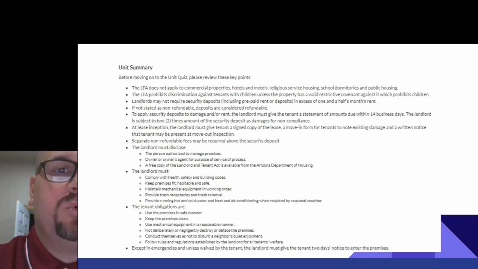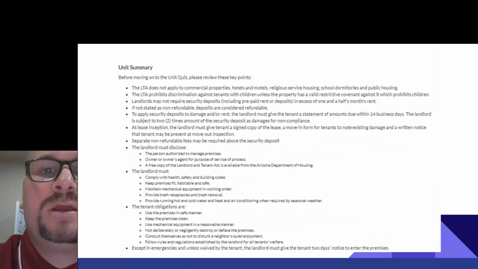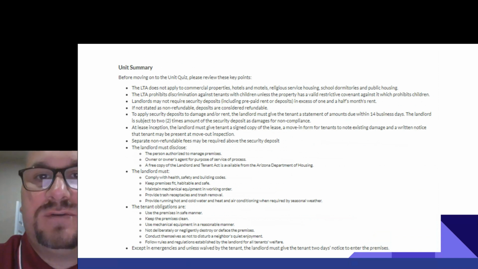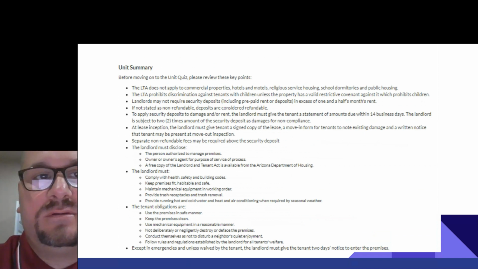Okay, so these are the key points. Before moving on to the unit quiz, please review these key points. So the LTA does not apply to commercial properties, hotels and motels, religious service housing, school dormitories, and public housing.